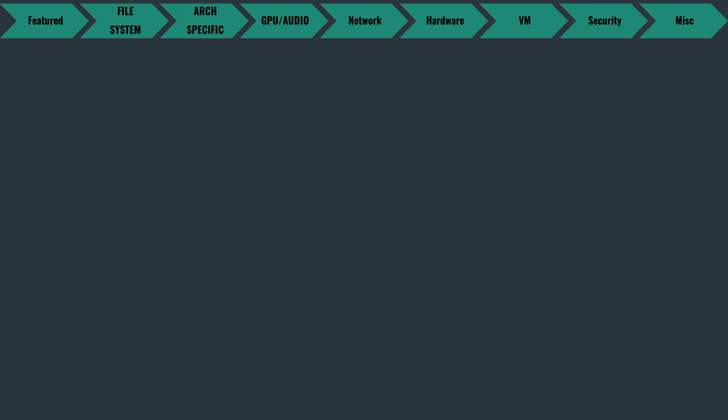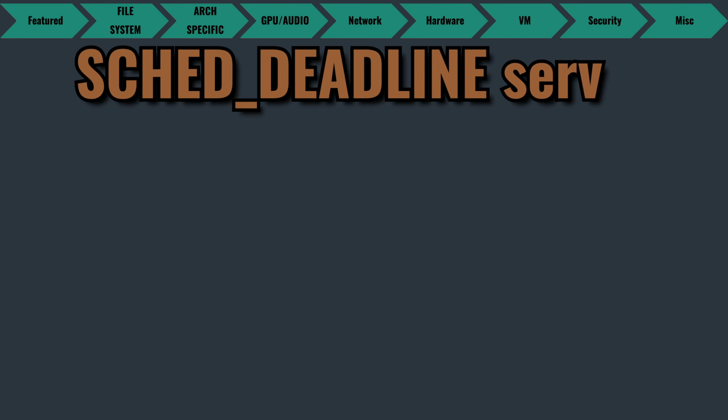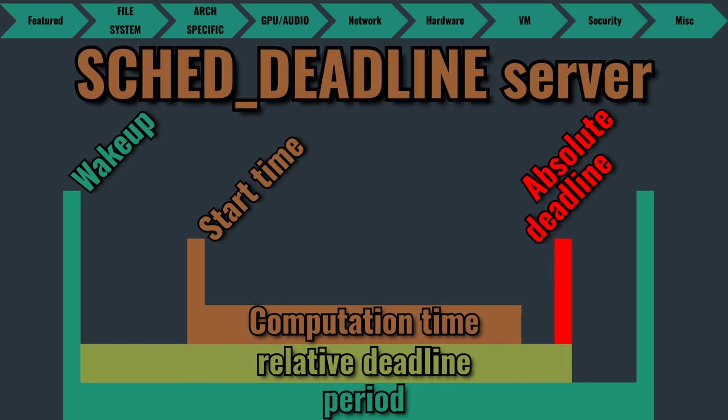Now let's talk about sched deadline, which has a big change in the kernel. First we need to understand a little bit how sched deadline works. So it's a scheduler, of course, but the goal of sched deadline was to be, as with all schedulers, a little bit fair. So the way that it works is that you have a task that wakes up.